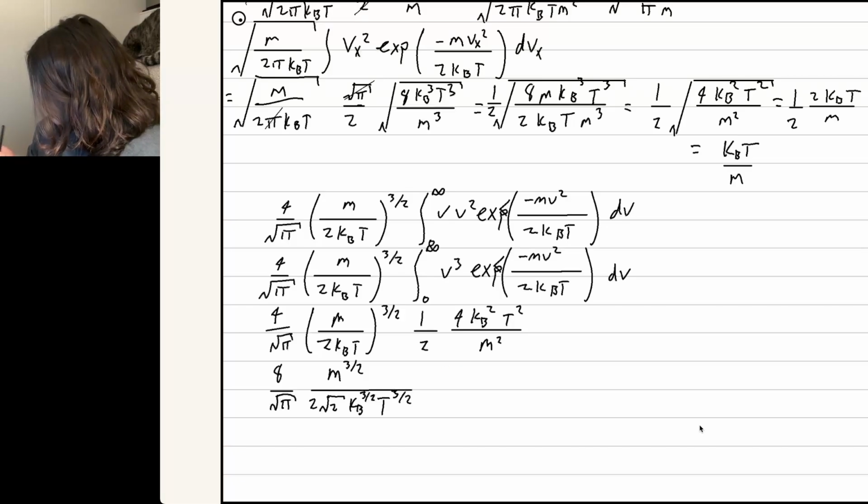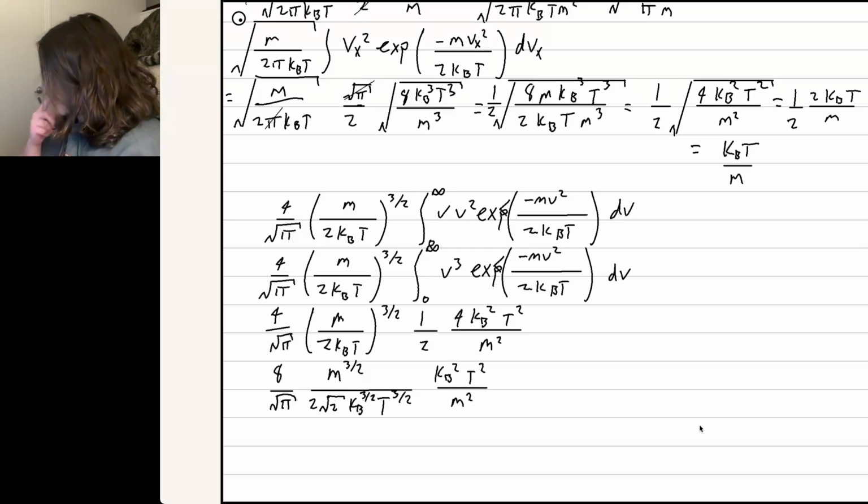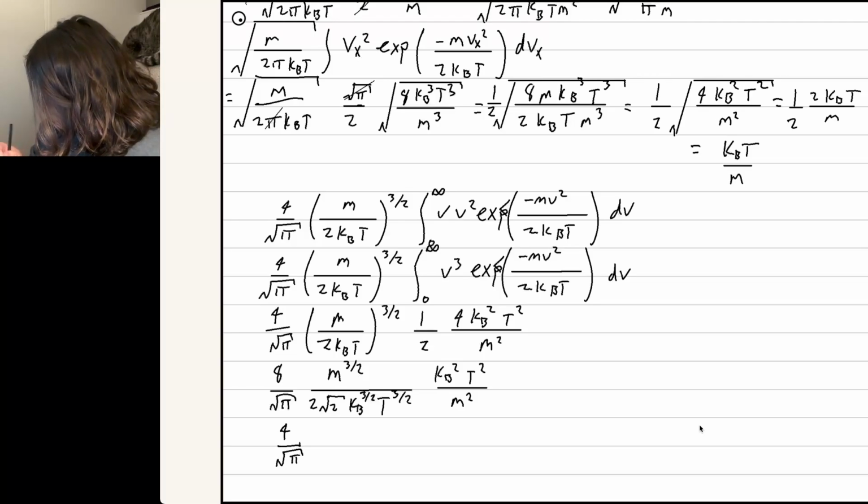And then it's kb squared t squared over m squared. 2 minus 3 halves is 1 half. So 8 over 2 is 4. You have 4 over root pi. And you have 1 over root 2.